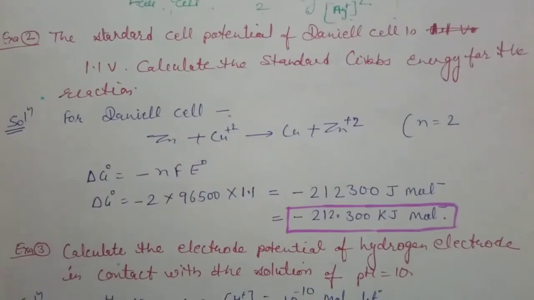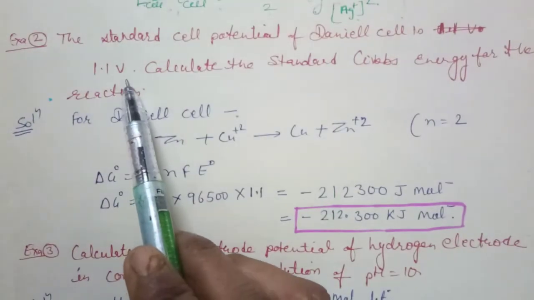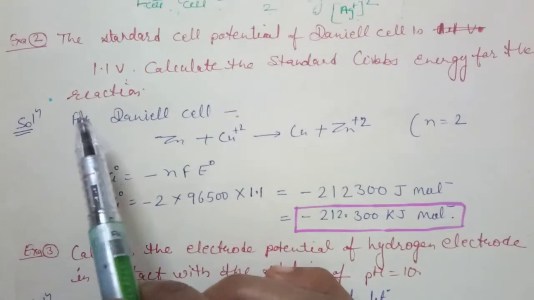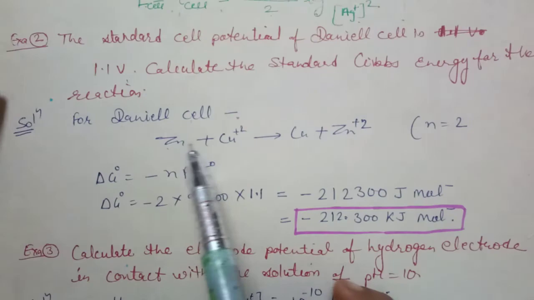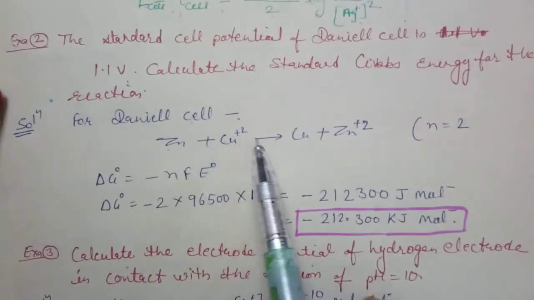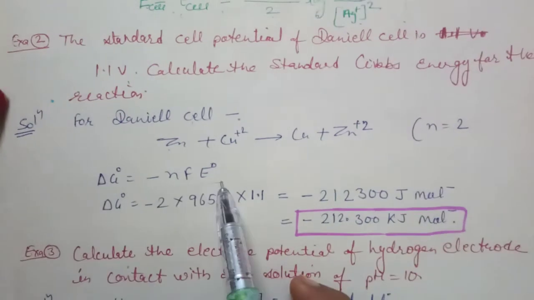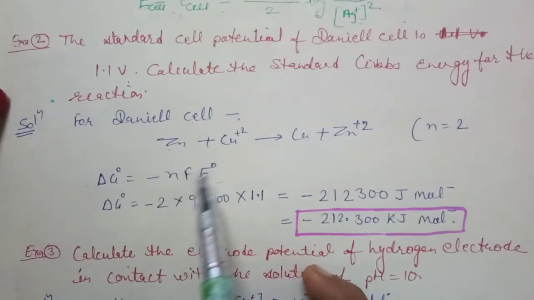The standard cell potential of the Daniell cell is 1.1 volt. Calculate the standard Gibbs energy for the reaction. We know the Daniell cell means Zn + Cu²⁺ = Cu + Zn²⁺. We know the relation between E° and delta G: delta G° is equal to minus nFE°.